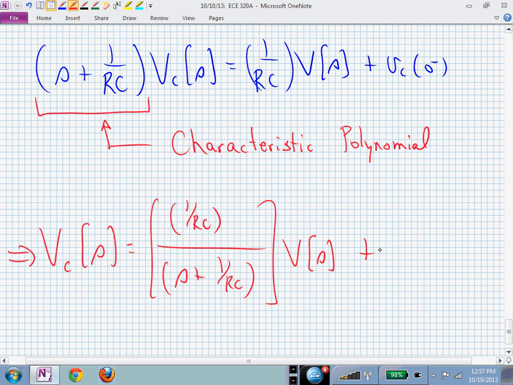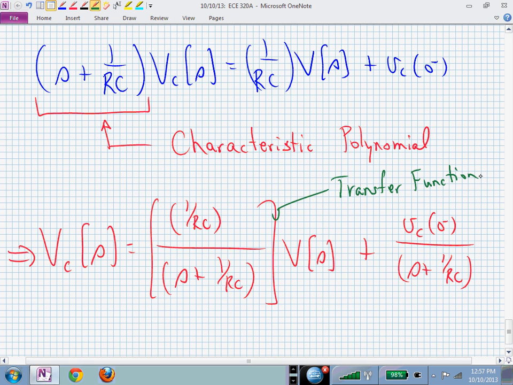And we have a second term that involves our initial condition, again scaled by dividing by that characteristic polynomial. This square bracketed piece, we will start to call the transfer function.